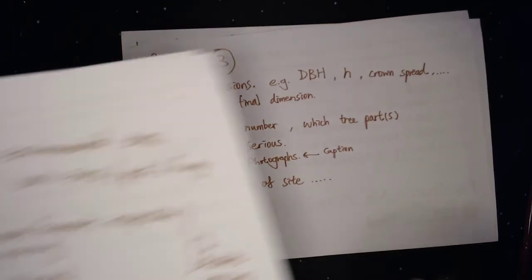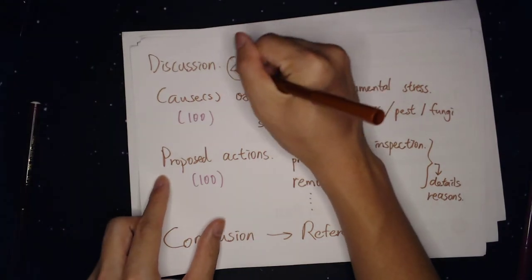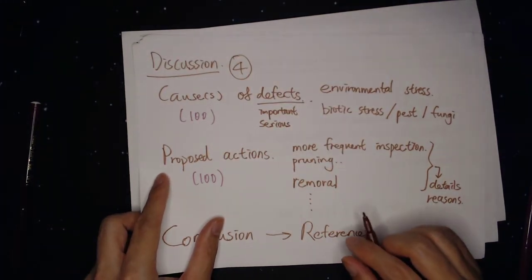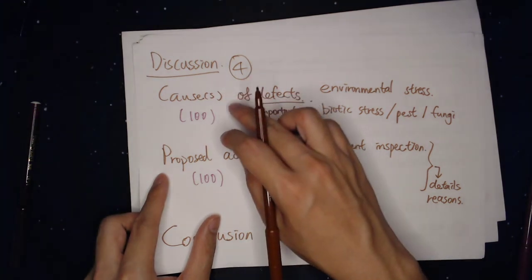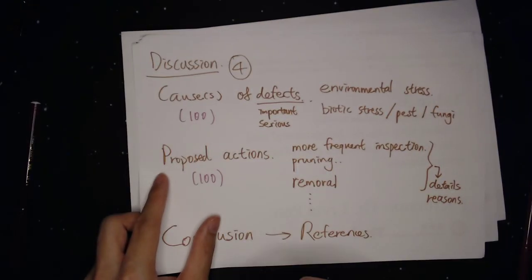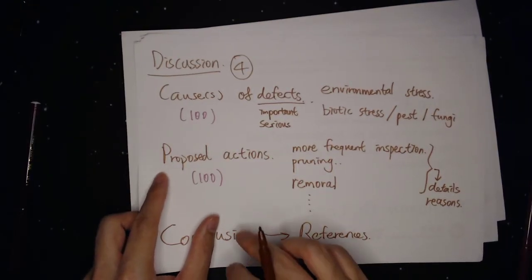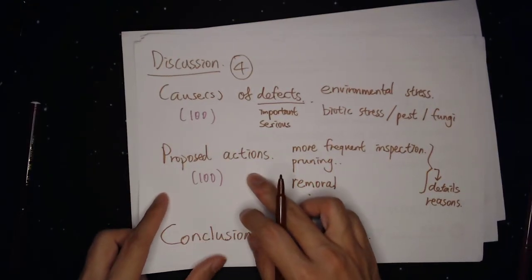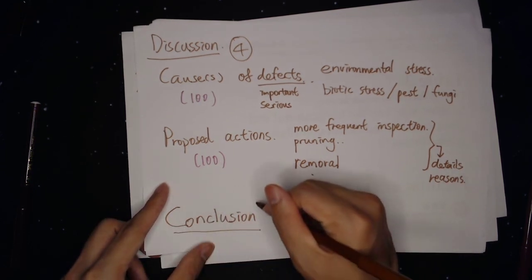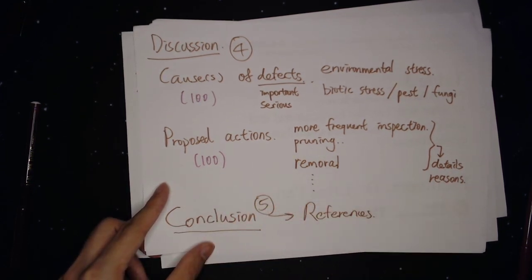And then we have a discussion. The discussion should be based on your results. And in the discussion, you can tell me your examination. You can discuss your findings and propose some actions on the trees. And finally, it is a conclusion, which is the final section.